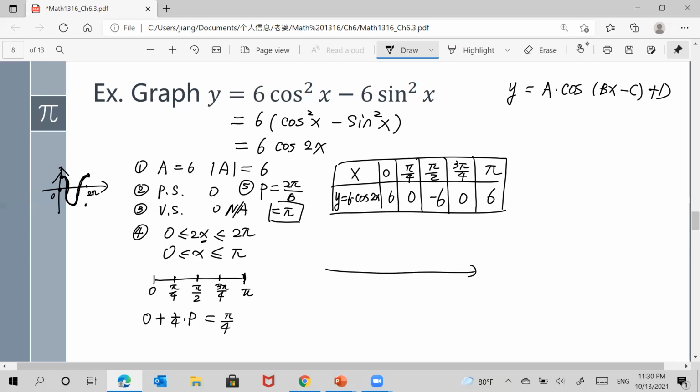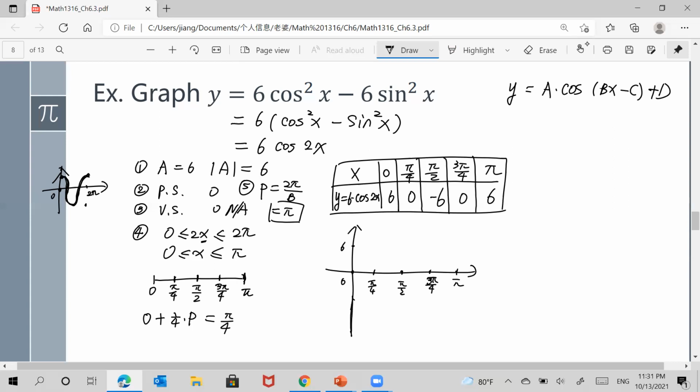Right now I find the function. The first one, x is 0, is here. And then last point is pi. The middle one is pi over 2. Here is pi over 4. 3 pi over 4. And the first one is the maximum. Assume this is 6.